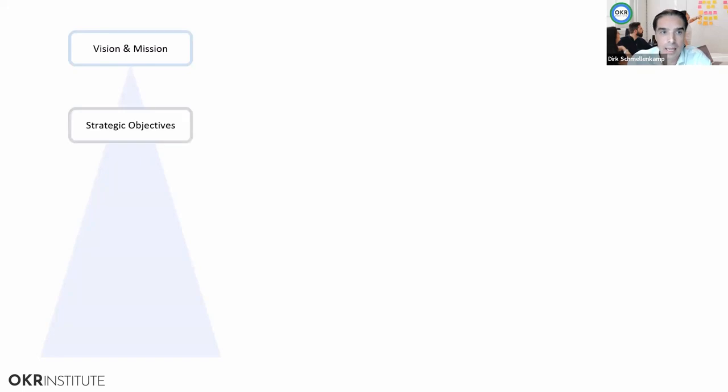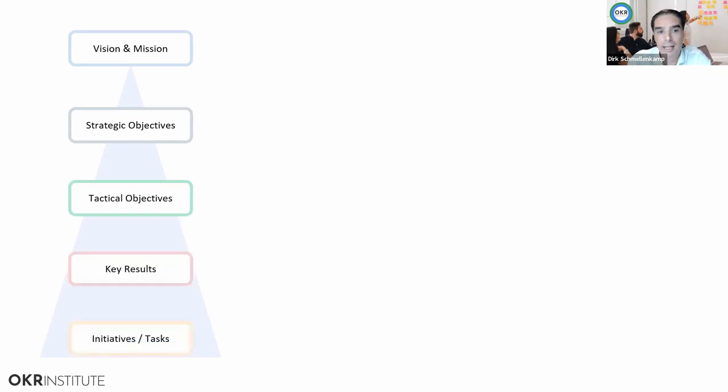So where does the OKR framework fit in the world of objectives? First of all, you have your vision and mission, followed by your strategic objectives, tactical objectives, key results, initiatives, and tasks.